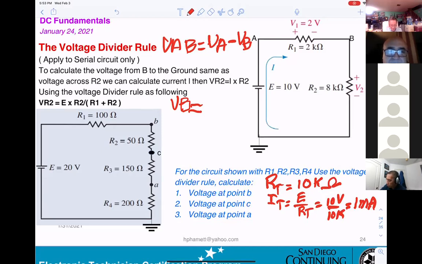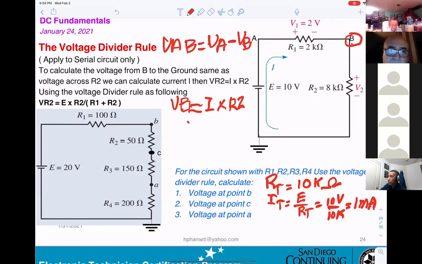However, VB means from B to route. That means equal I times what? I times R2. That means from here to the route, the voltage across the R2.